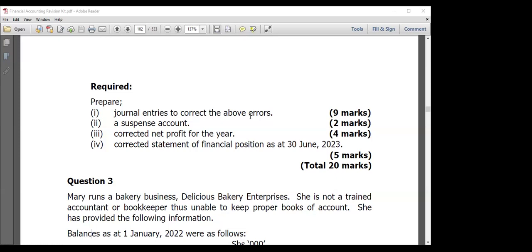And remember from our introduction, financial accounting is there to test your knowledge of double entry. And these particular topics, preparation of journal entries or ledger accounts, correction of errors, and other subsequent topics we are going to see, are testing double entry. So the examiner will love to bring them back every sitting.